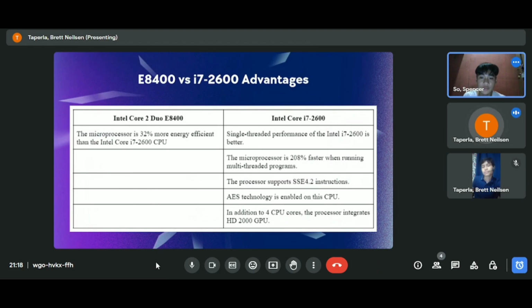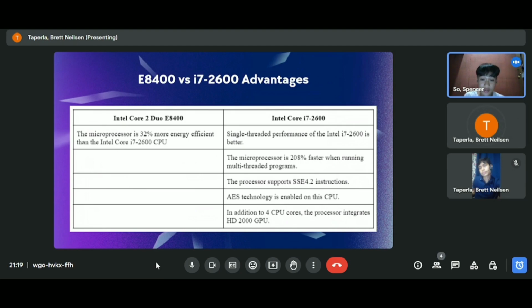So for the advantages, the Intel Core 2 Duo E8400 has the advantage that the microprocessor is 32% more efficient than the Intel Core i7 CPU. While for the Intel Core i7 2600, its single threaded performance is better.